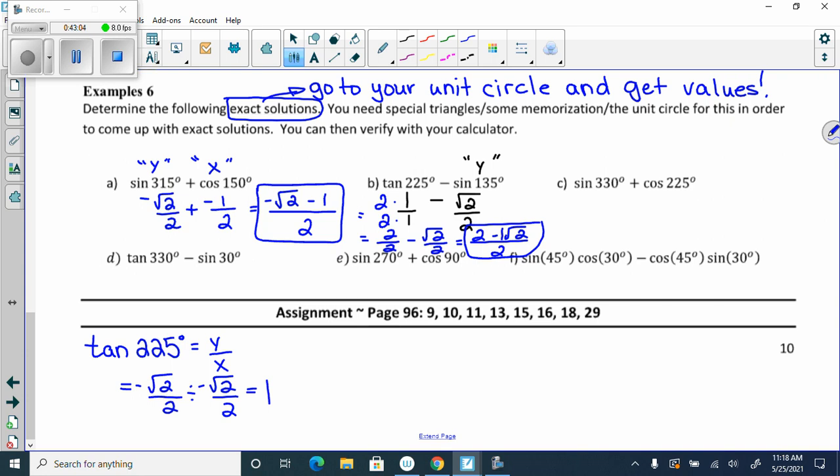So for homework, you have to finish C, D, E, and F. I would put it on a separate sheet of paper because there's not enough room.